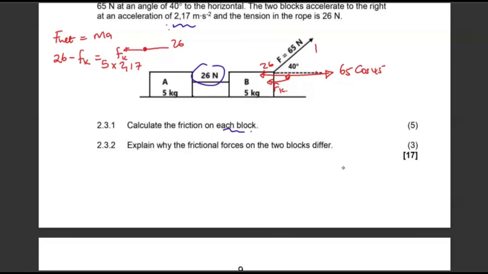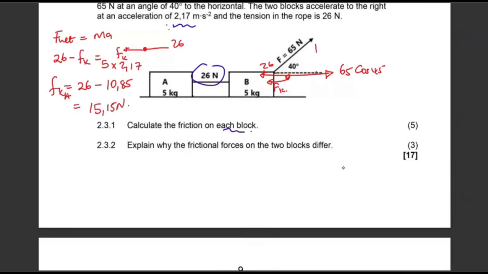My FK for A is going to be 26 minus, what is 5 times 2.17? I'm getting 10.85.